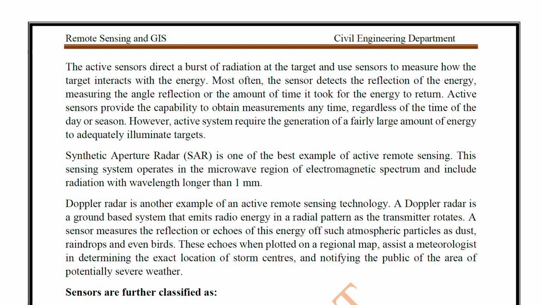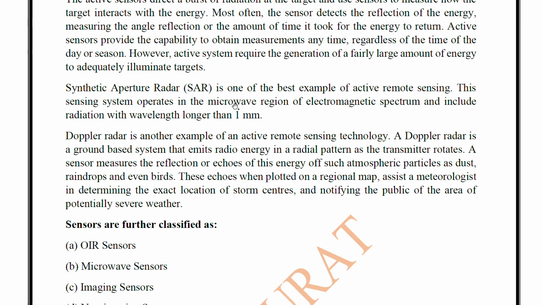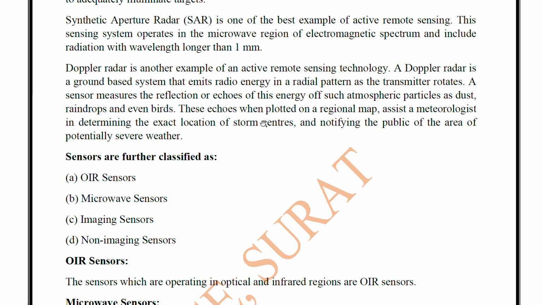Synthetic Aperture Radar (SAR) is one of the best examples of active remote sensing. This sensing system operates in the microwave region of the electromagnetic spectrum and includes radiation with wavelengths longer than 1 m. Doppler radar is another example of active remote sensing technology.